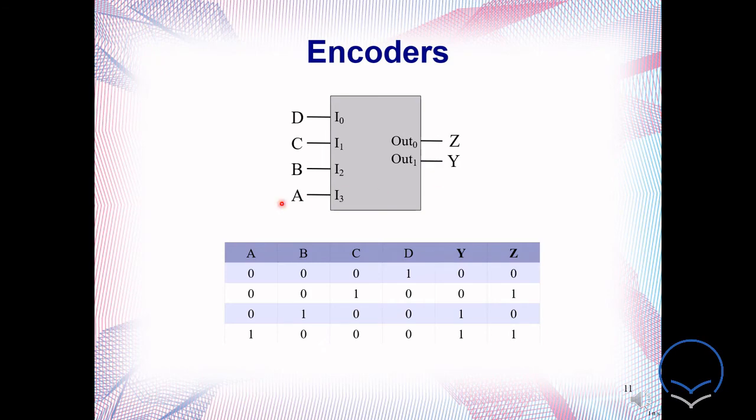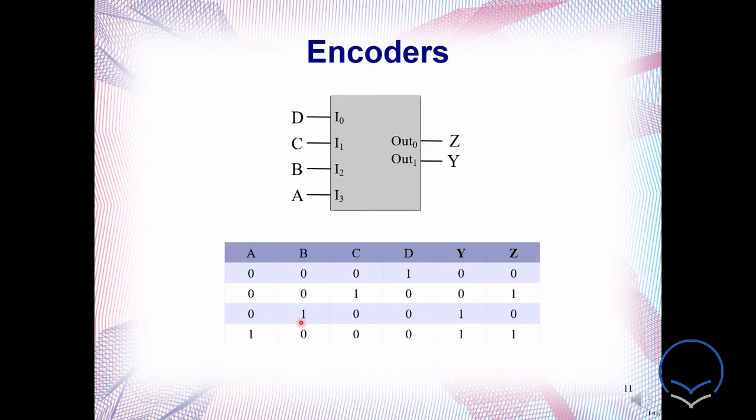Before explaining that, we need to know the truth table. It is the same as the previous one. We have 4 inputs and 2 outputs. So A, B, C, D are the 4 inputs, and for the 2 outputs, Y and Z. If you have 0 0, it is selecting I0 or D. So 0 0 is D. If 0 1, it's selecting I1.